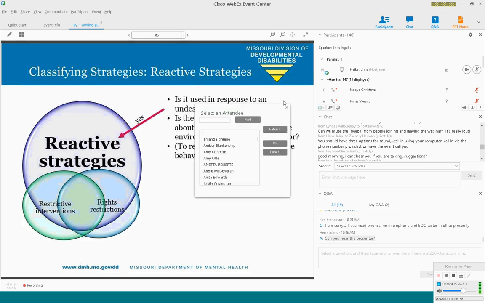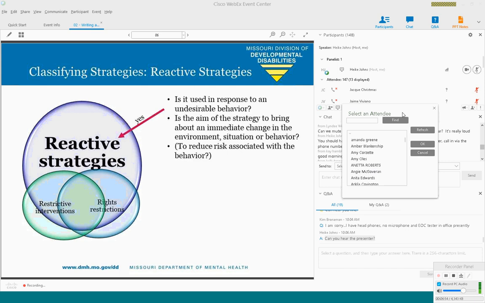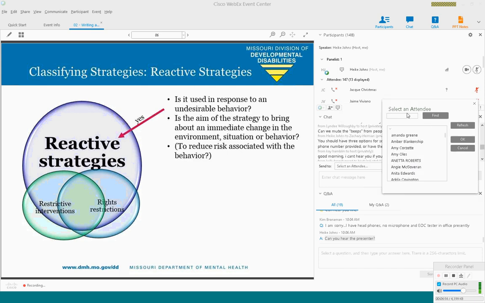So here are some questions to start asking yourself about how to determine what sort of strategy this is. If you're doing it in response to somebody's behavior that's an undesirable behavior or something you don't like, it's a reactive strategy. If the aim of the strategy is to change the behavior, or to change the environment, or change the situation that the behavior is occurring in, it's a reactive strategy.